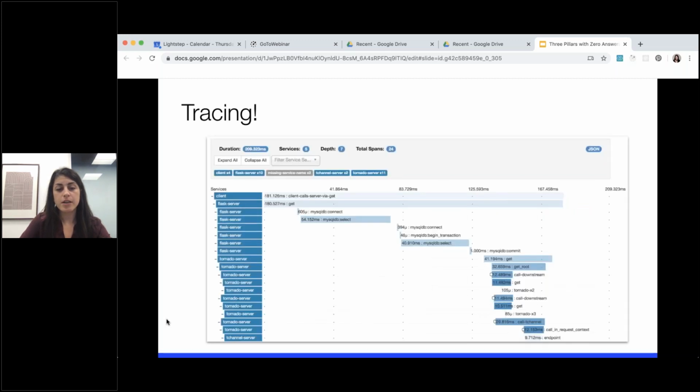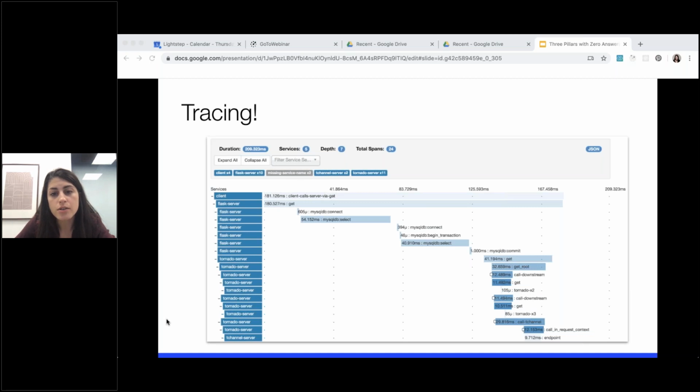And then the last pillar of observability is distributed tracing. So tracing usually looks like something like this. This is a screenshot of Zipkin. There are a number of other distributed tracing tools out there, but the visualizations all commonly look like this. The common elements here is there is a timeline, and there are different horizontal bars here that represent a different unit of work in a distributed system.